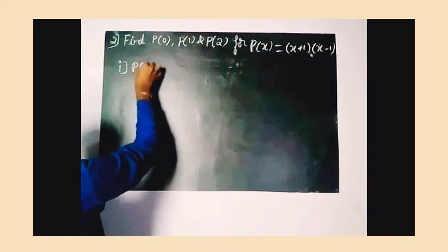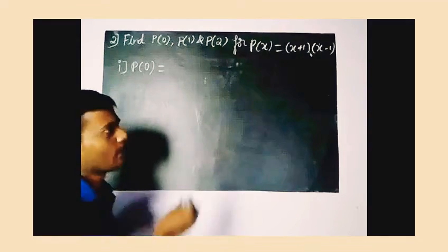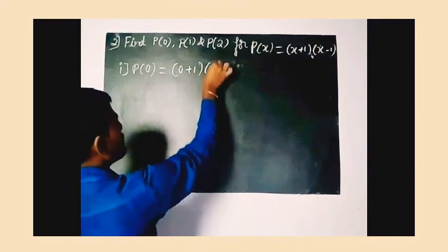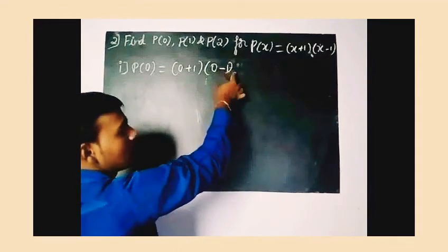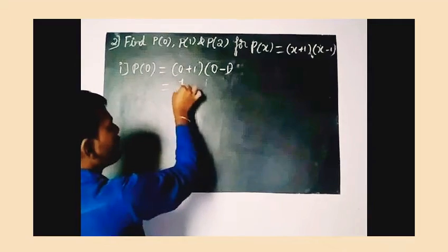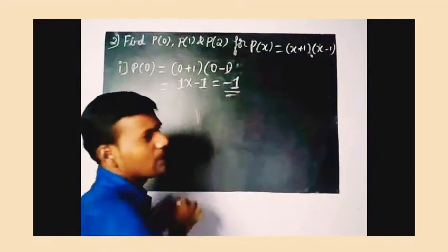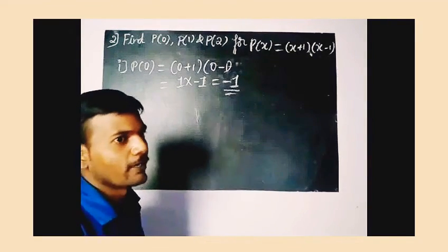Okay, firstly p of 0, that means in the place of x you have to put 0. 0 plus 1 into 0 minus 1. 0 plus 1 means 1 only. 0 minus 1 is minus 1. That means 1 into minus 1 is equal to minus 1. Okay, when x is equal to 0, the value of the polynomial is minus 1.